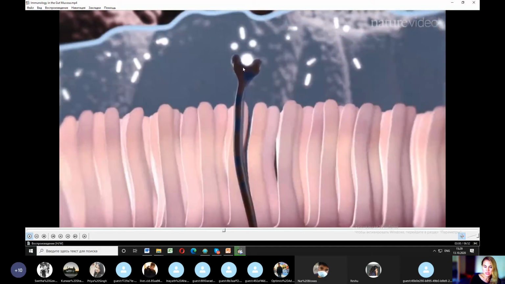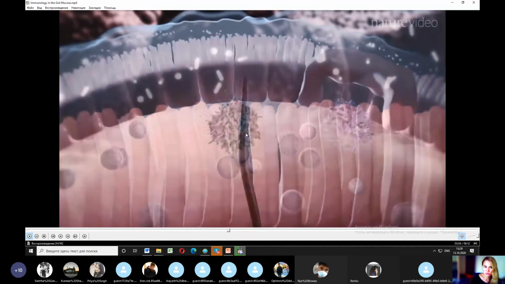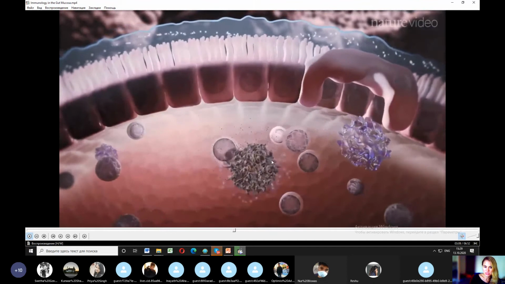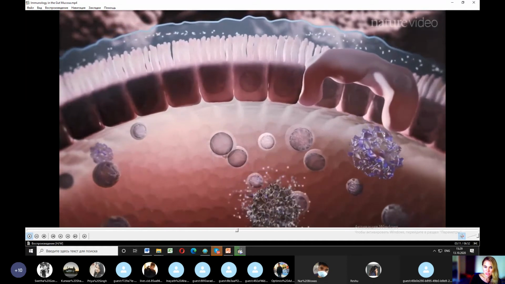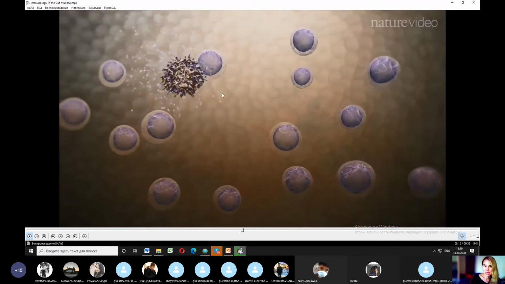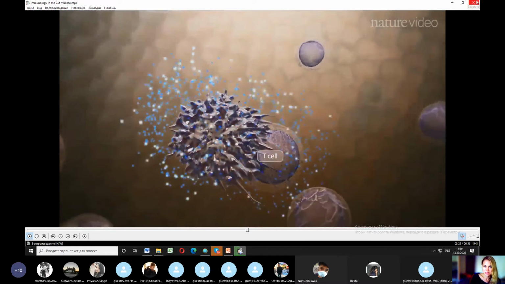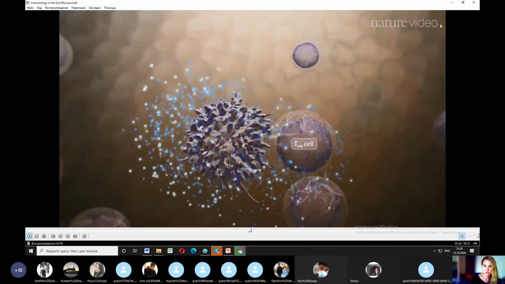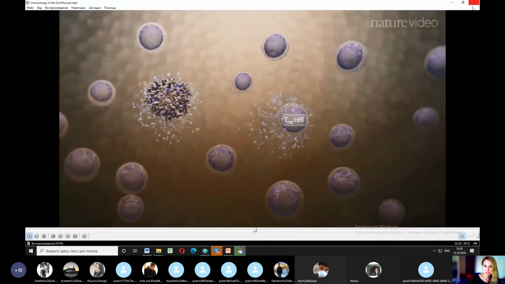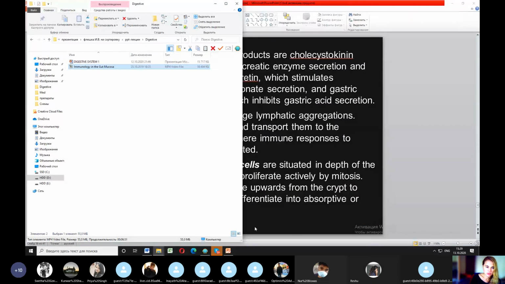So here we can see that the dendritic cells pass their long process that also phagocytoses these bacteria, and after this go to our lymphocytes, immunocompetent cells, and activate the immune response, T and B cells. So it represents information for immunocompetent cells, and thus these cells start to initiate immune response.